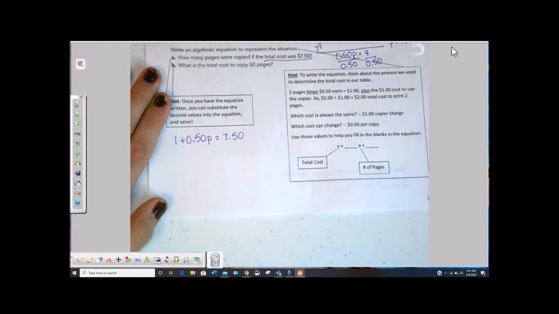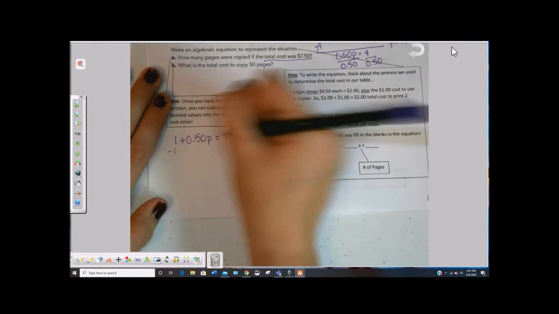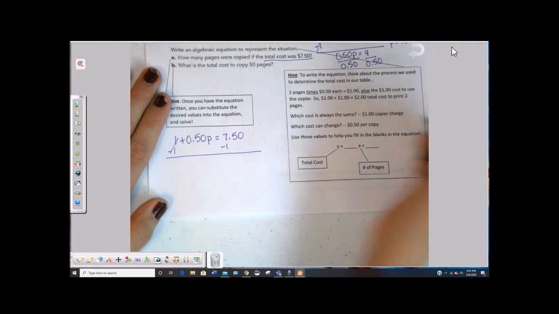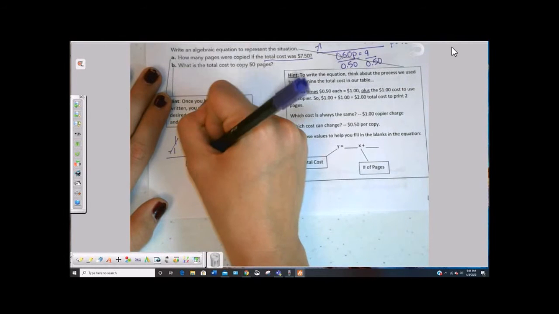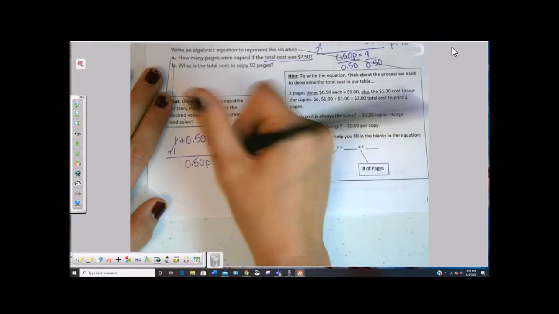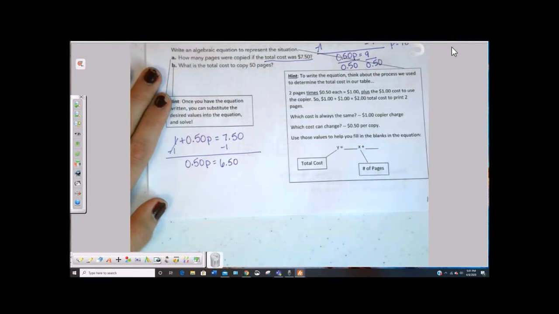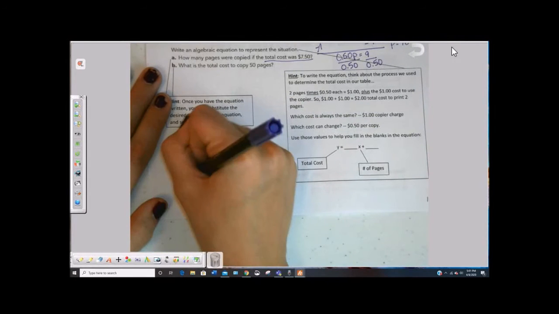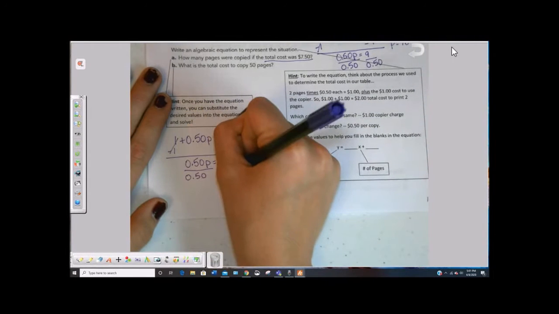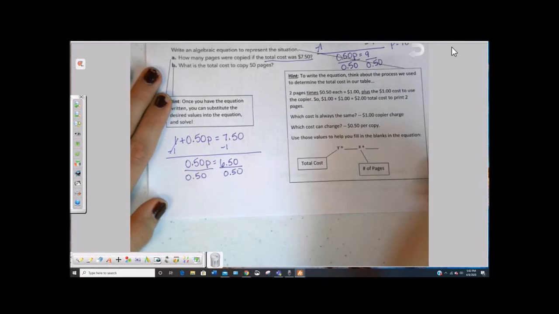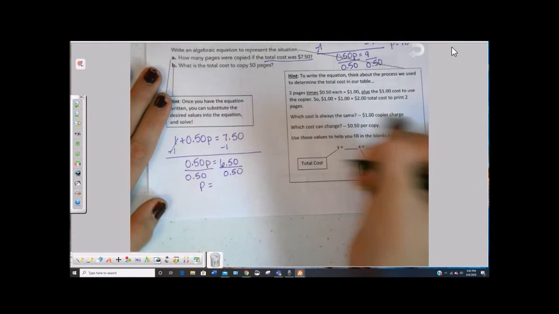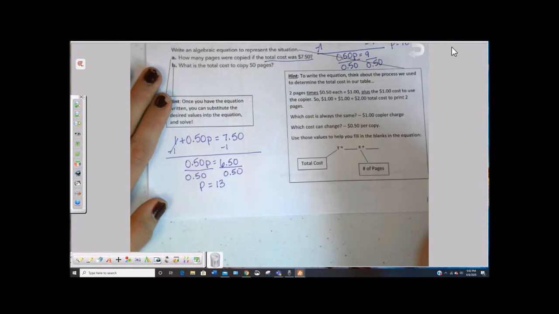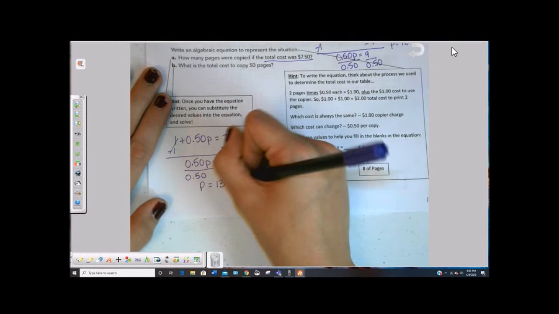Subtract 1 first. 1 minus 1 is 0. So you have 50 cents P equals $6.50. Then we divide by 50 cents on both sides and you get P equals 13. So it's 13 pages. That's A.